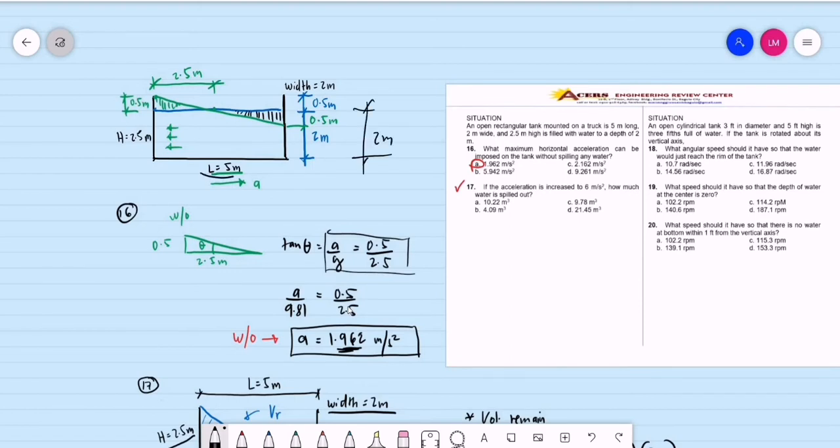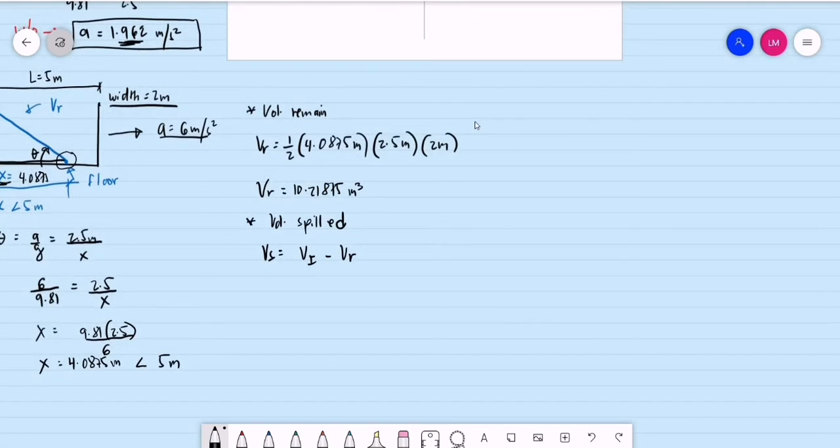It is 5 meters long and 2 meters wide, perpendicular to the paper. That will be the initial volume, 5 meters long, 2 meters high, and 2 meters wide, minus our volume remain of 10.21875 cubic meters. So let's have the volume spilled.